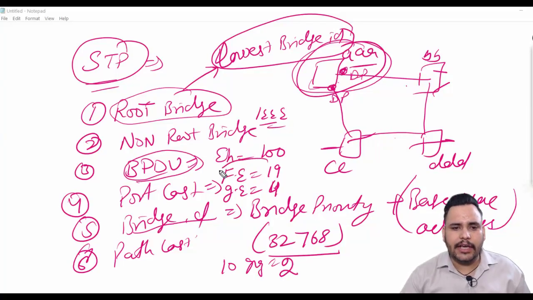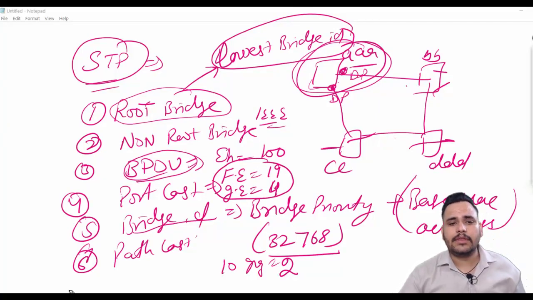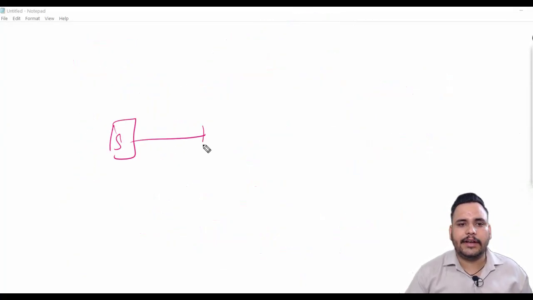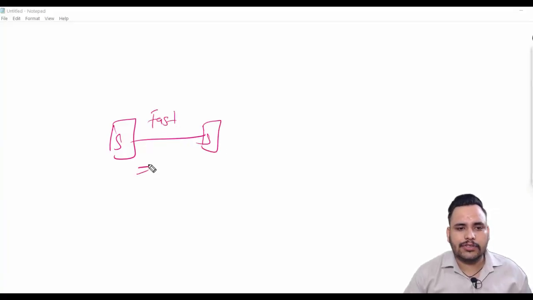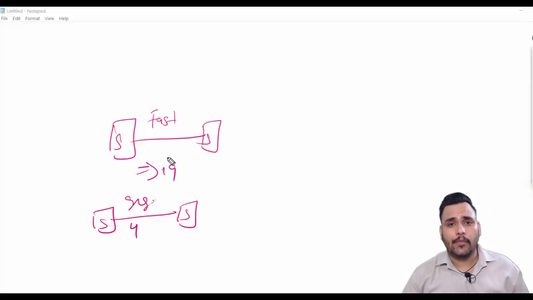If your switch is connected to another switch with Fast Ethernet, then the cost is 19. If it is connected with Gigabit Ethernet, then the cost is 4. The lower cost is the better one to use.